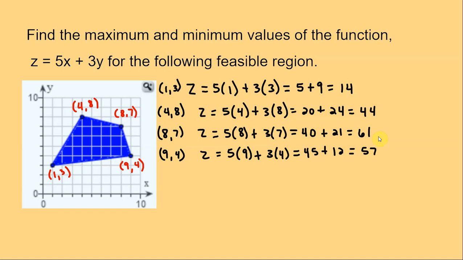So when I look at the answers, once I plug in the values into the function for each set of coordinates, the maximum value is 61, and that was found at 8, 7.